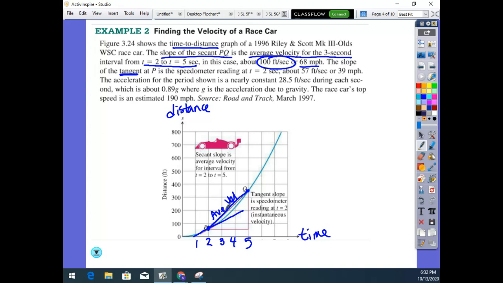So at 2, it's approximately 57 feet per second or 39 miles per hour. As this line gets steeper and steeper, the car is speeding up and getting more and more instantaneous velocity.